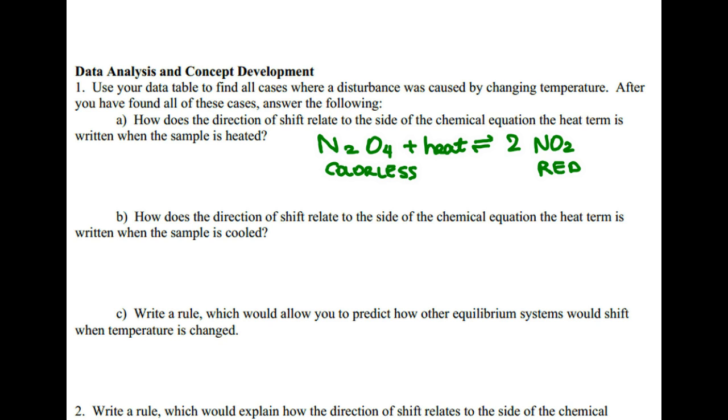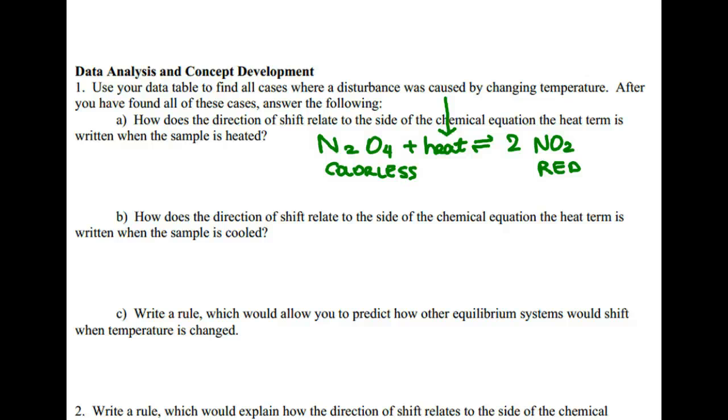So what it's asking is, what would happen if you add heat? Well, the reaction is going to want to go back to equilibrium. So if you were to think of it as though it were a balance, that left side with the heat would weigh more.